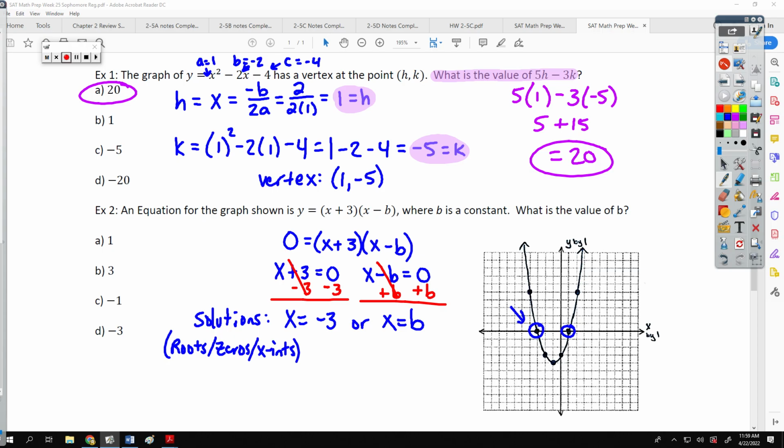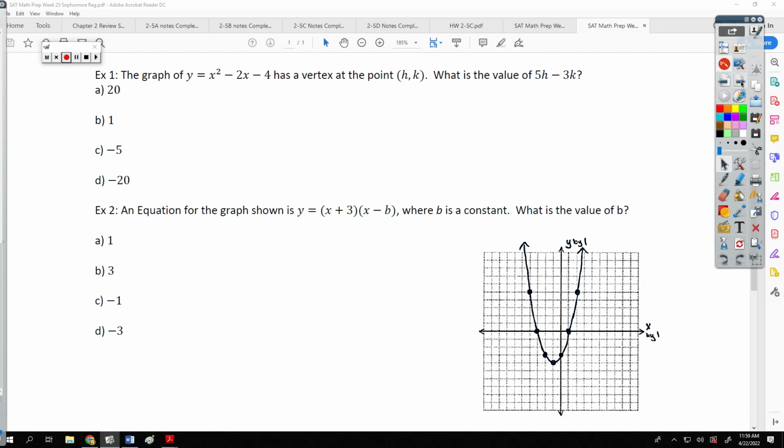It has an x-intercept at x equals negative 3, which is right there, and it has one at x equals 1, which means this has to be x equals 1, meaning b is 1. So what is the value of b? The answer would be A, positive 1.